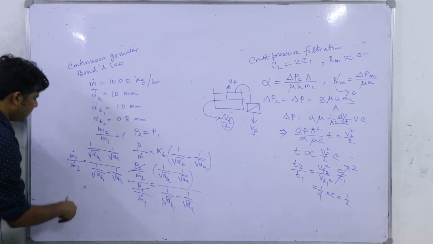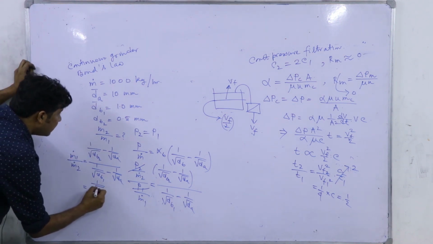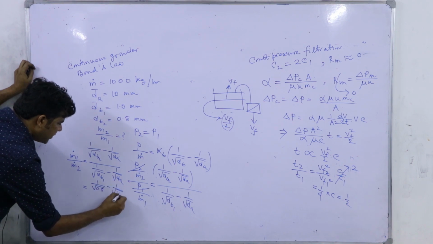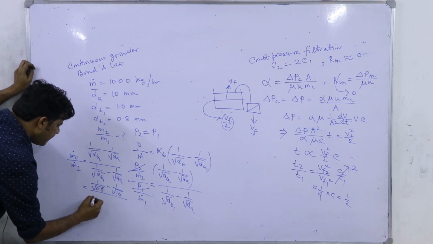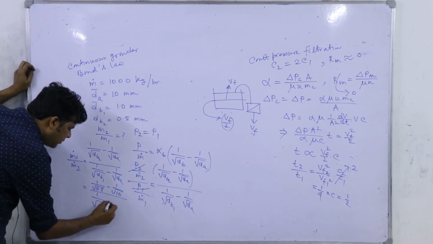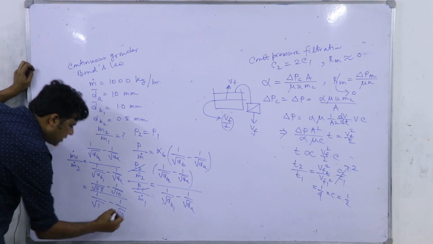So you can keep this in centimeter. So 1 divided by under root of 0.5 minus 1 divided by under root of 10, and 1 divided by under root of 1 minus 1 divided by under root of 10.